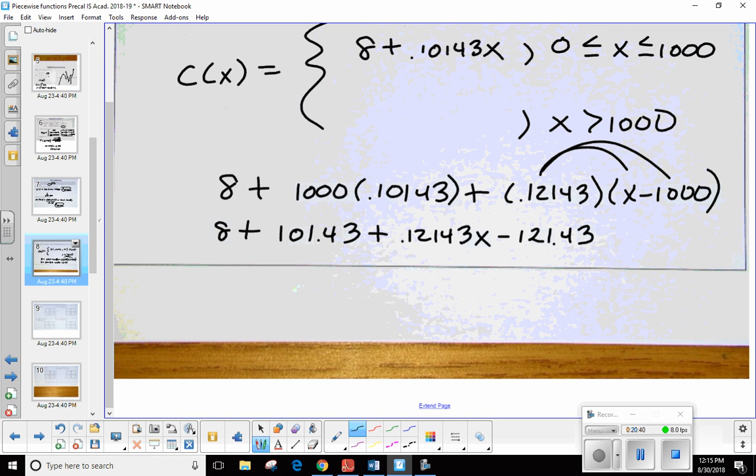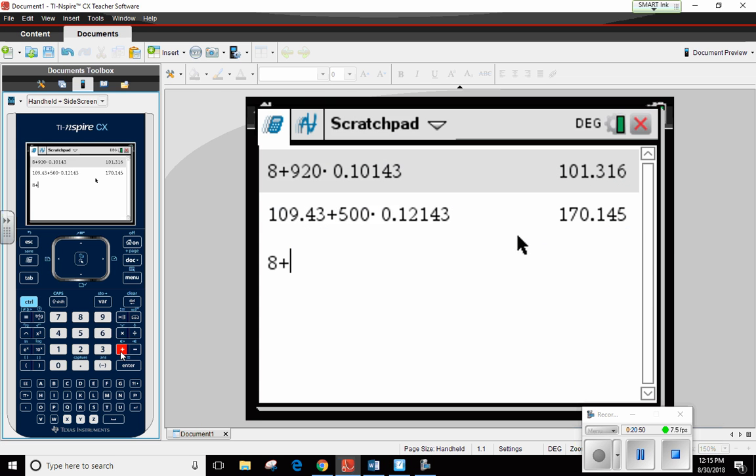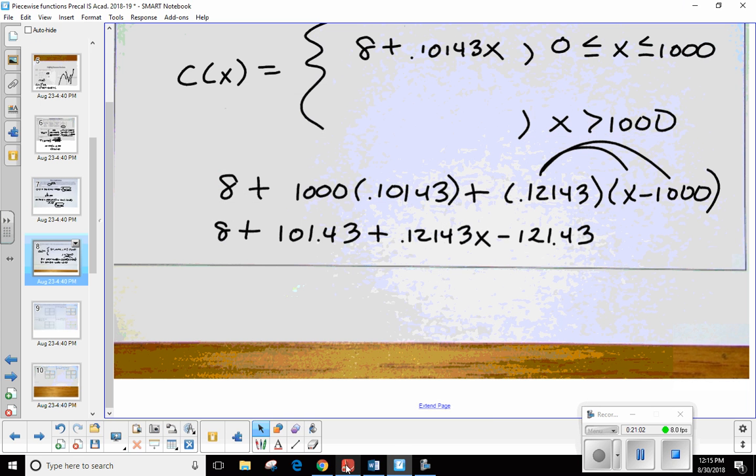Negative 20? No. Okay. Well, let's see here. 8 plus, oh, we're very close. 101.43 minus, what was it, 121? There we go. 121.43. It's going to give me minus 12.